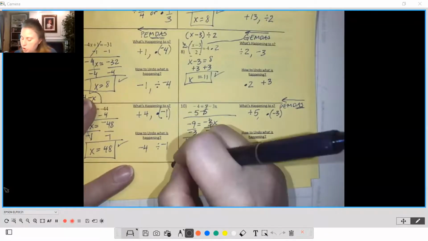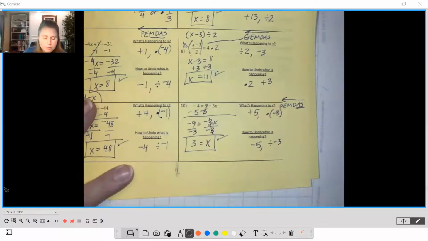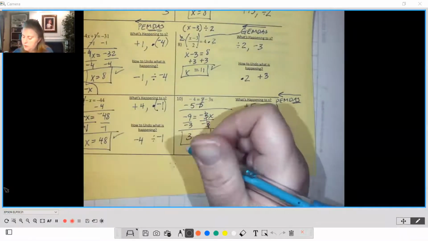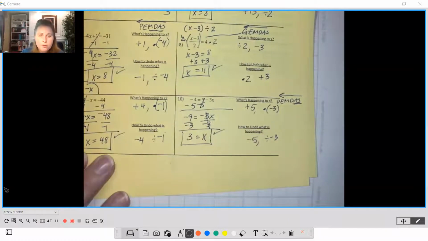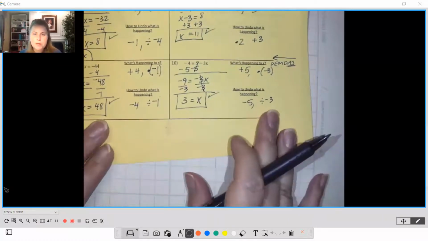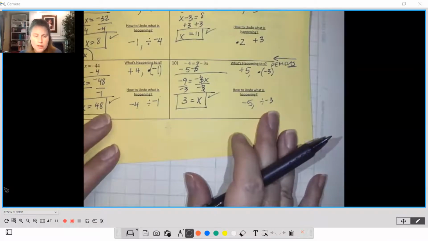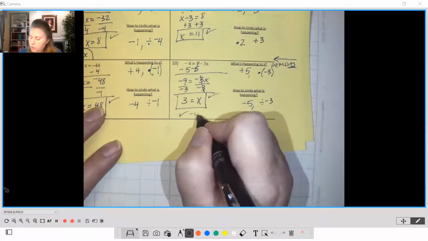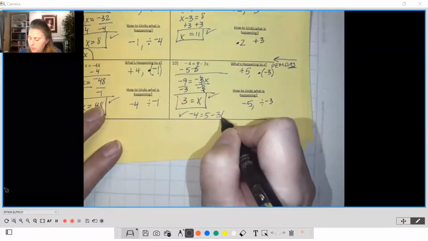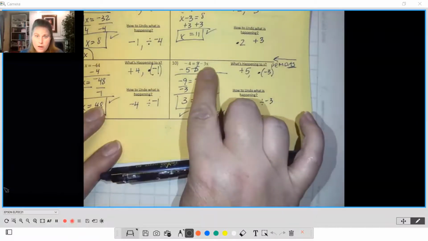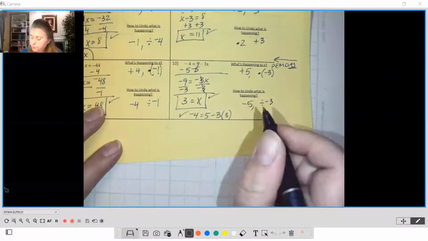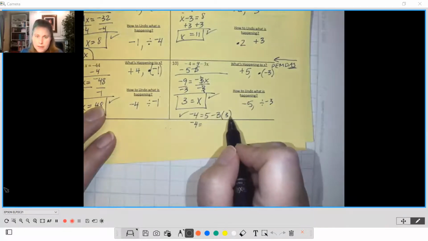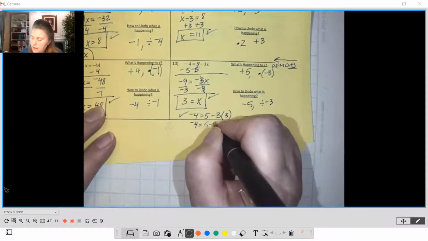When we get to more difficult multi-step equations, I will require you to show your check step. What I'll ask you to do is write the original equation, negative 4 equals 5 minus 3, and where the x was, substitute in your answer, then continue solving. 3 times 3 is 9, so this would be 5 minus 9.